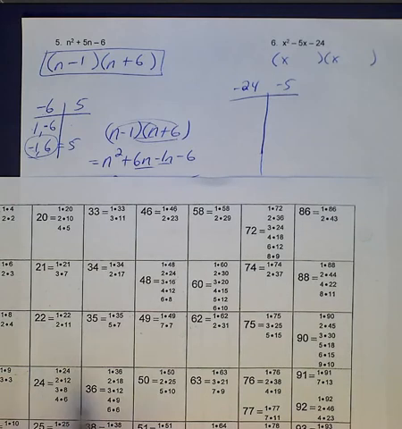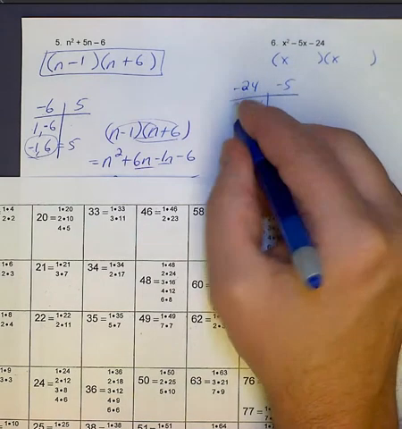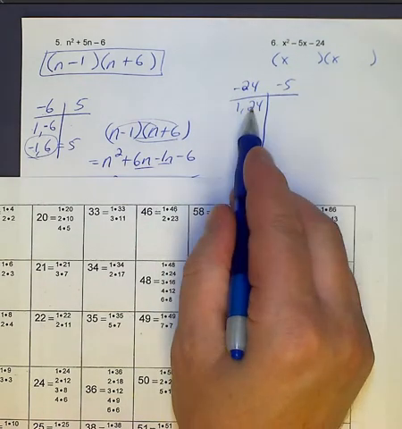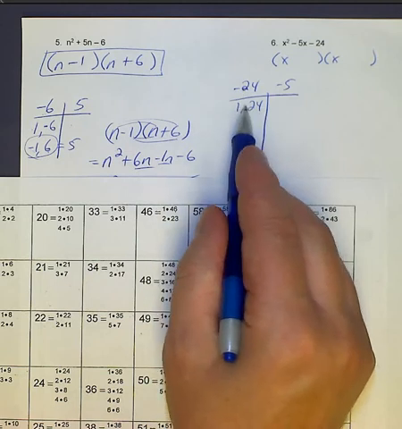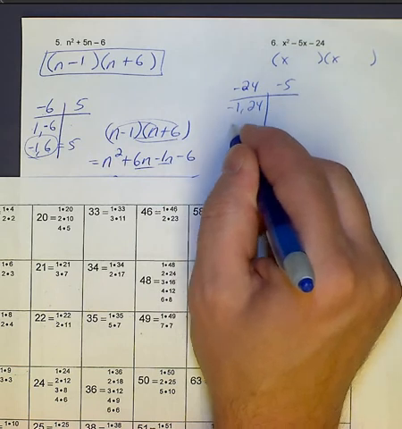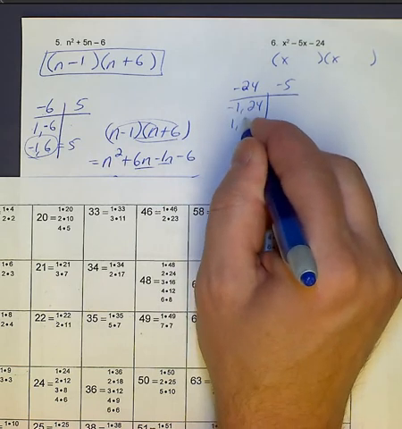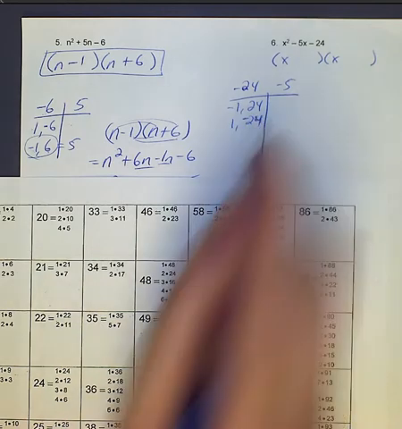So, what if I had 1 and 24? If either one of them was negative and the other was positive, it would give me negative 24. But if I added negative 1 and positive 24, I don't get negative 5. If I added positive 1 and a negative 24, I do not get negative 5. So that doesn't work.